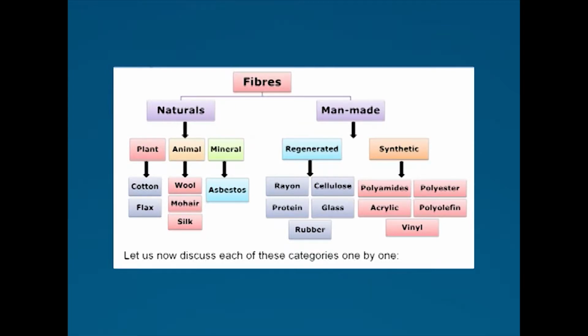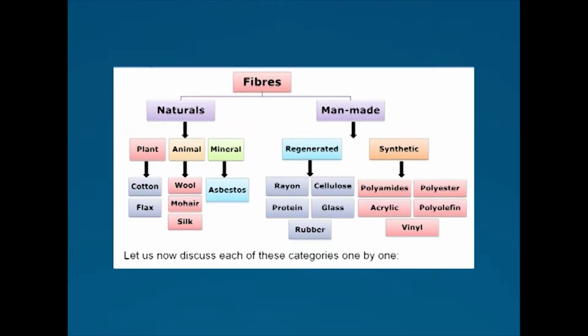The plant fibers are, as an example, cotton and flax. From animal fibers, we can consider wool, mohair and silk. Mineral, asbestos. Coming to the man-made fibers, they can be regenerated or synthetic.